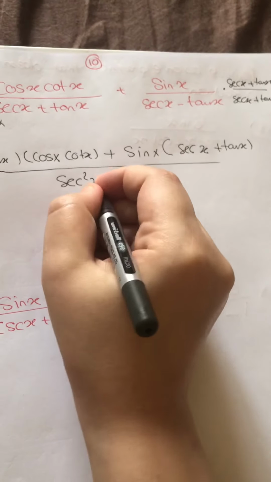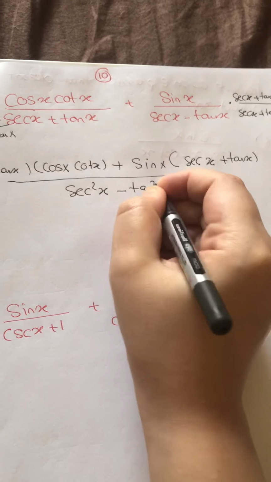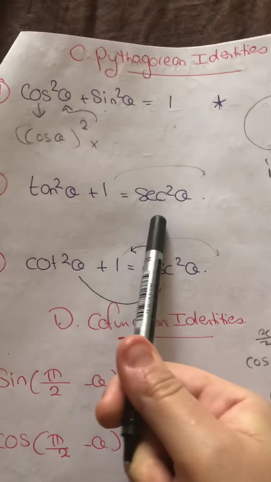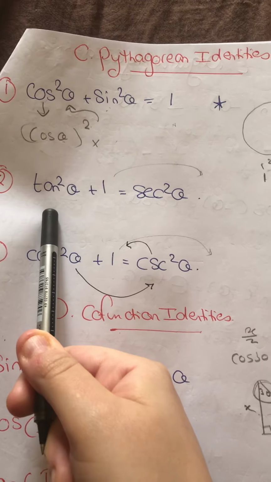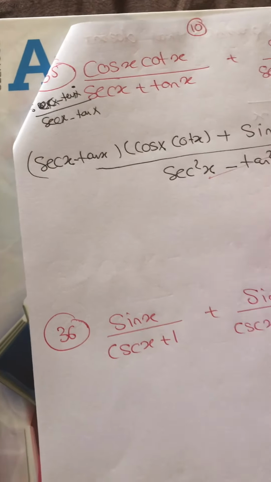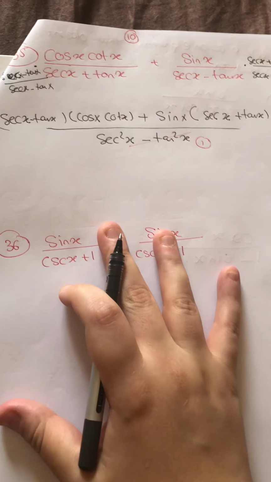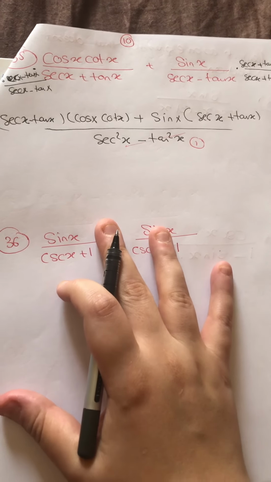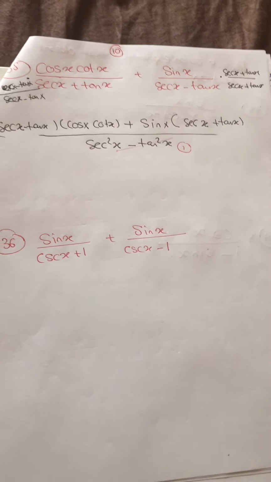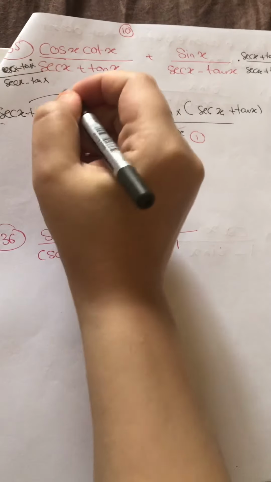Sec squared x, because this is difference of squares. And what is sec squared x minus tan squared x? It is 1. So this is 1. Forget about it. Okay, distribute the numerator and simplify if you can, because I can see reciprocal functions and quotient functions in the numerator. So I will multiply, distribute here and here.